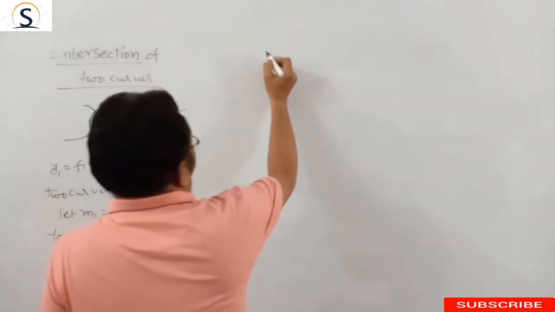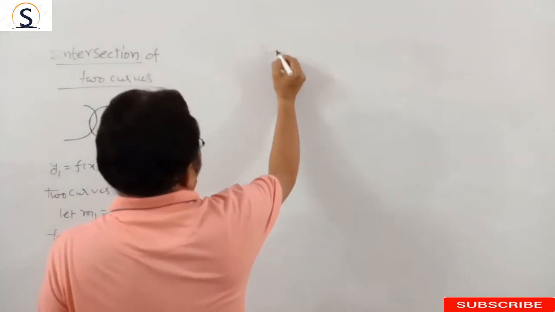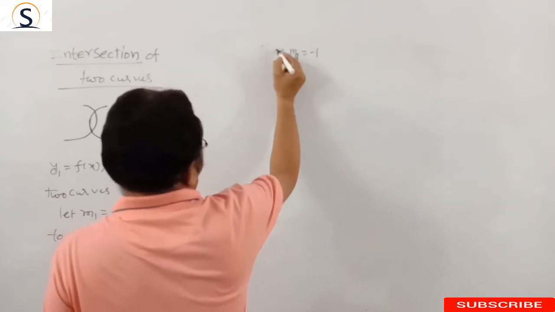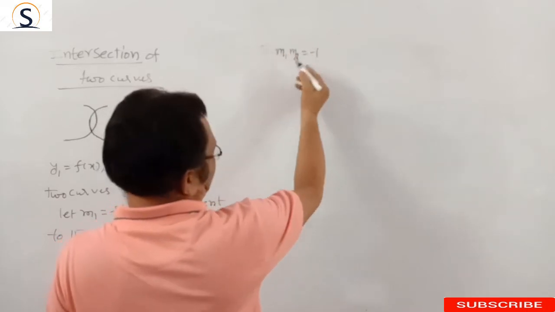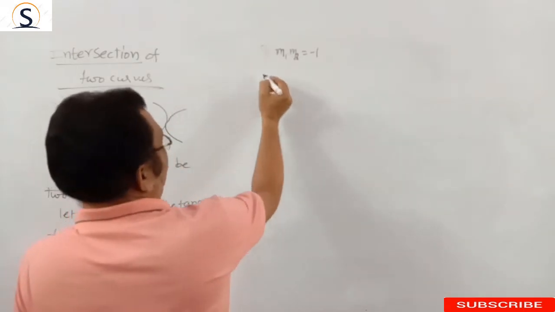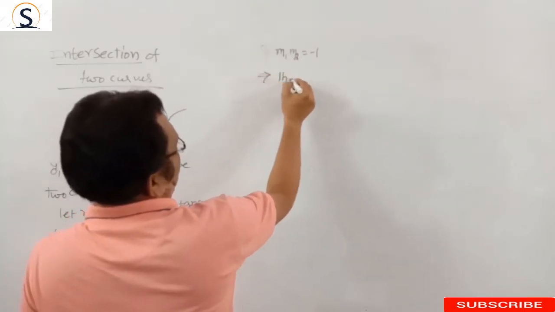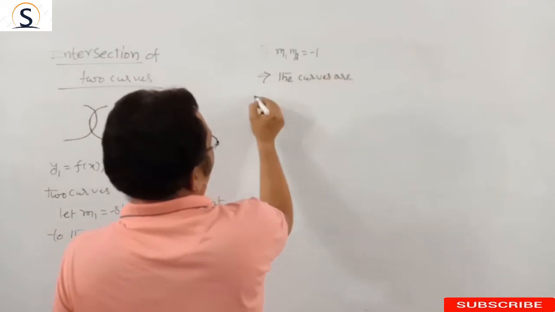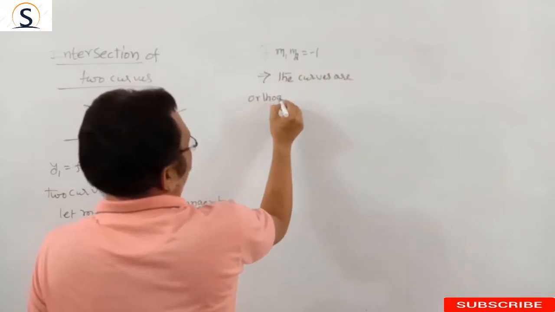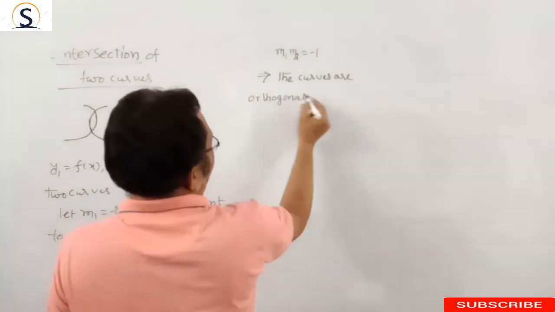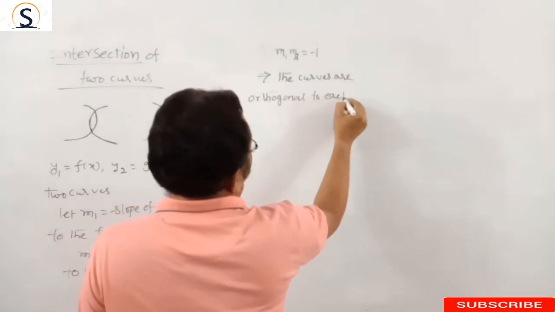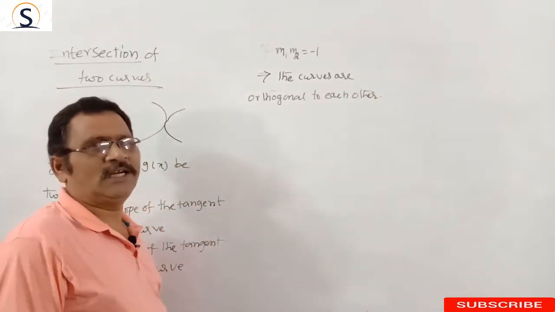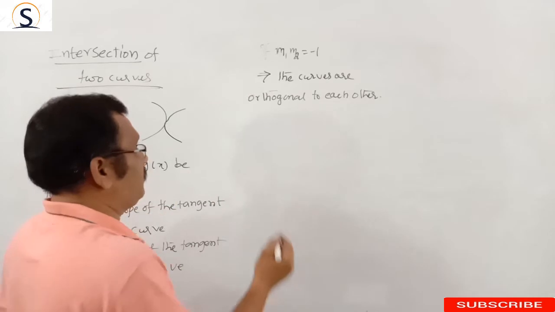Okay, then if m1 into m2 is equal to minus 1, the product of the slopes of the tangents is equal to minus 1, which implies the curves are orthogonal to each other. This is the condition for orthogonality: m1 m2 is equal to minus 1.